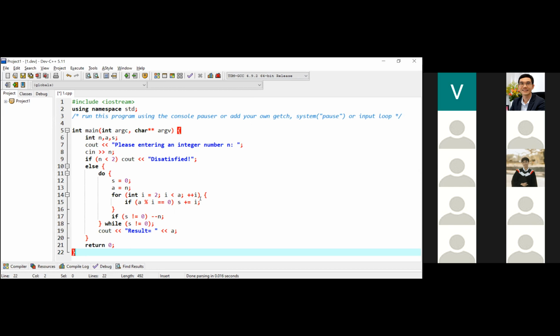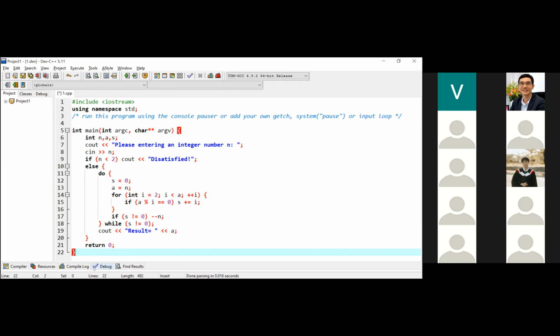Anyone else? Is it correct? Besides n is 1, anything else? Is it all right? Read the work carefully. There are 2 loops here.